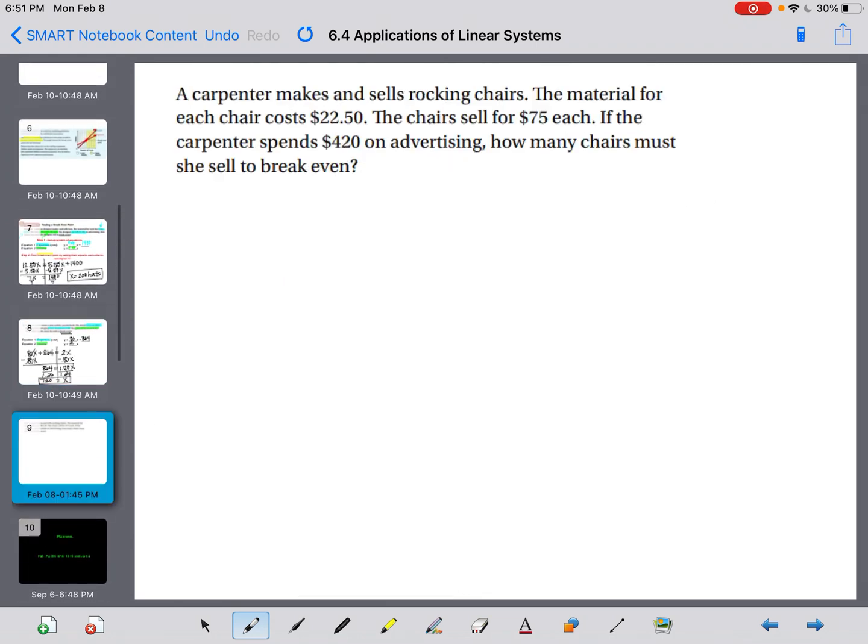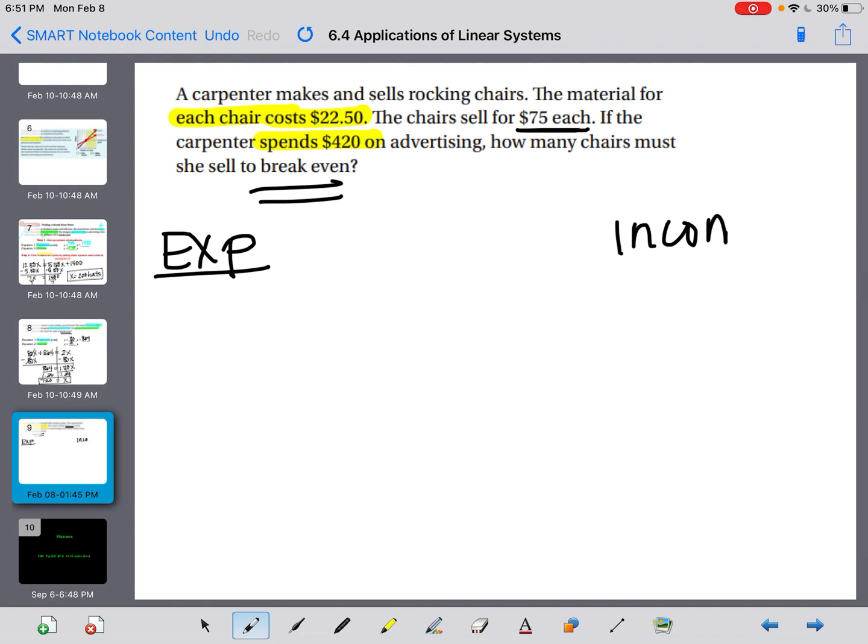Okay, last one for today. It's pretty short. A carpenter makes and sells rocking chairs. The material for each chair costs $22.50. The chairs sell for $75 each. If the carpenter spends $420 on advertising, how many chairs must she sell to break even? So we're going to write our equations first. We have our expenses, and we have our income, and we know that we have to set those equal to each other.